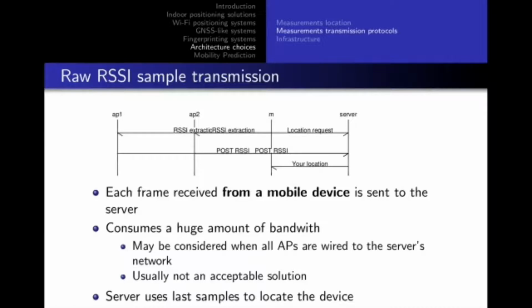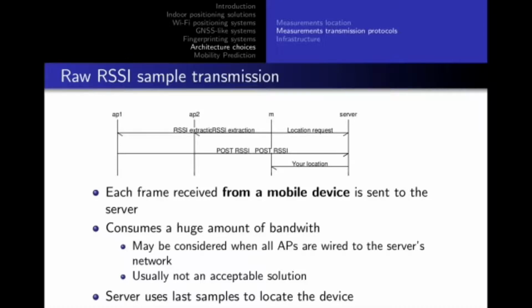So first is the raw RSSI sample transmission, which simply means that each frame received from a mobile device is measured by each access point within range and then sent to the server. Of course, it consumes a huge amount of bandwidth, since one real frame in the network, which corresponds to an actual service, will trigger another frame between the access point and the positioning server.